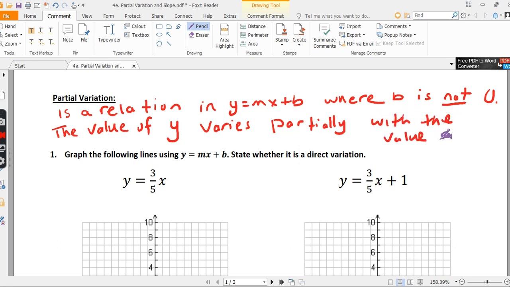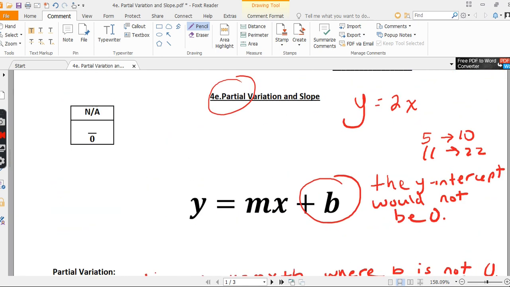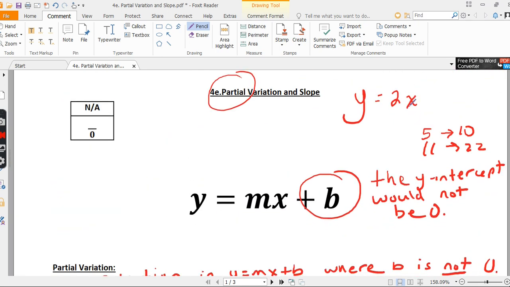Meaning, let's say for example, we had y equals 2x plus 1. Okay? If this one was not there, or that's plus 0, it would be direct variation because, like we said up here, if I knew the x value was 5, I would just double it.